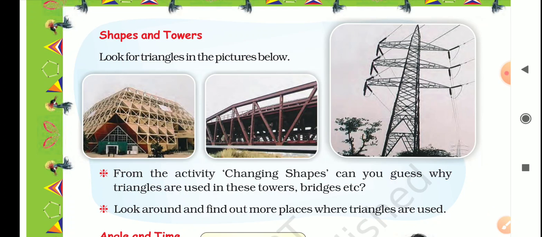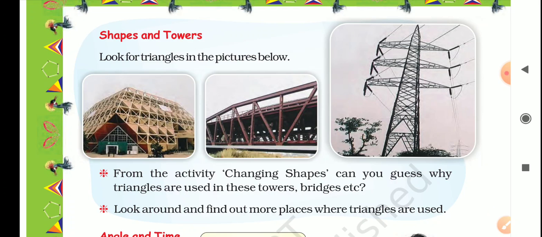Can you give me any idea about why only triangles are used in these towers and bridges?